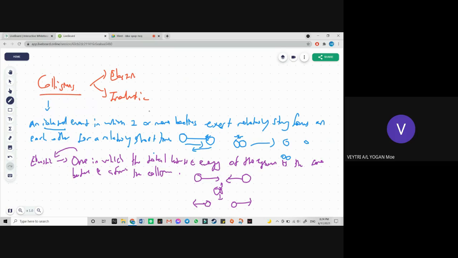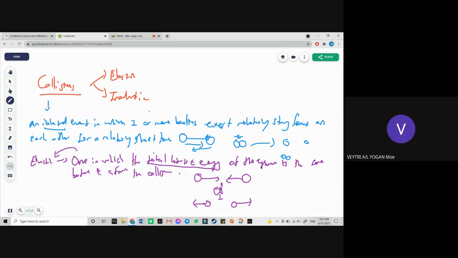Okay, dia elastik ni, contoh yang paling senang, the way you can remember it is getah. You elastik dekat dinding, dia tak lekat kat dinding kan, dia datang balik. Same thing over here. It hits and it moves towards its own direction. Tapi remember, total kinetic energy atau total momentum is conserved. Okay, before and after collision is just the same.